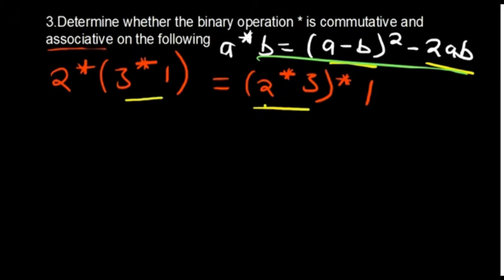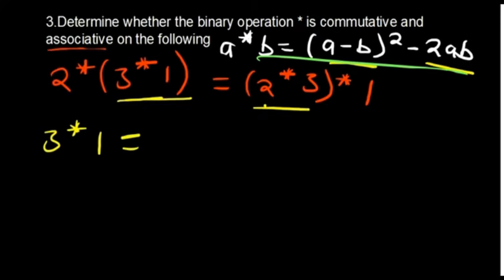So I want to prove that. I'll start with the first part. When you say 2 star with what is in the brackets, it means you start with what is in the brackets. So let me start with 3 star 1. Our A becomes 3.